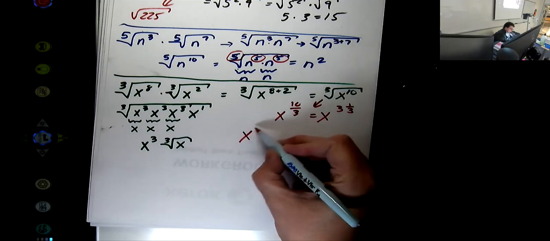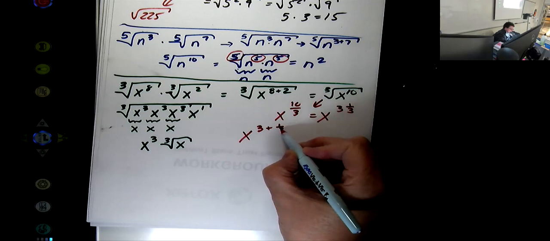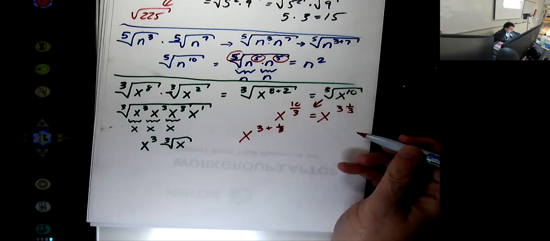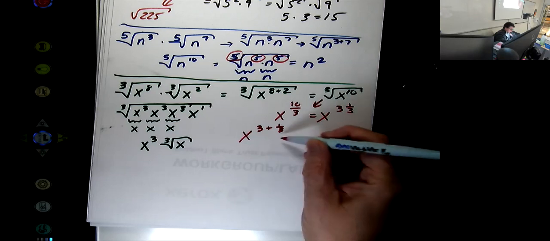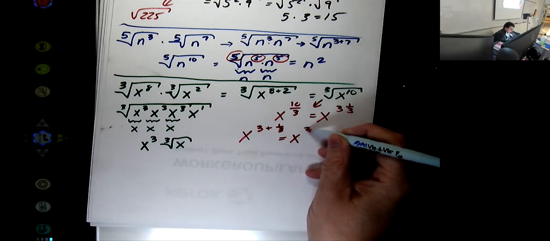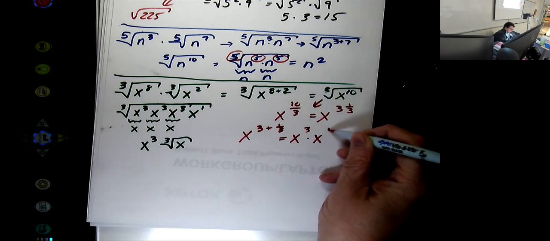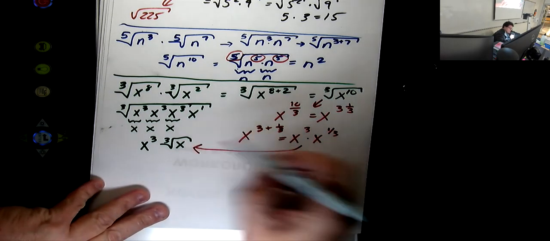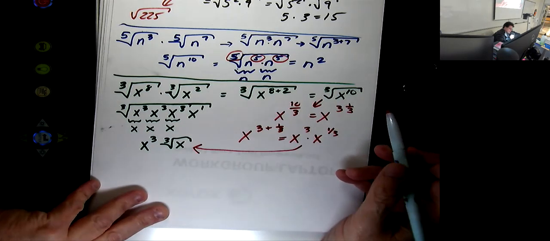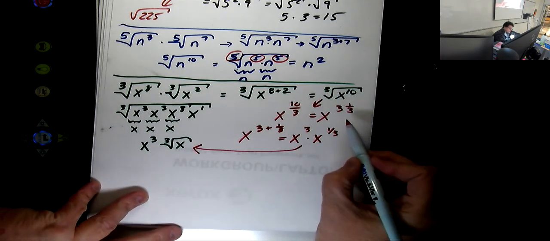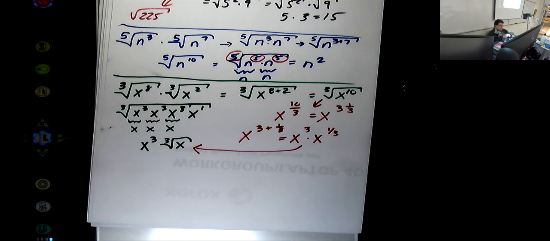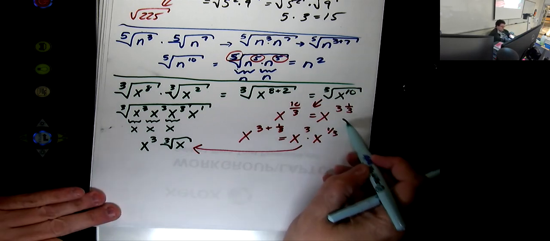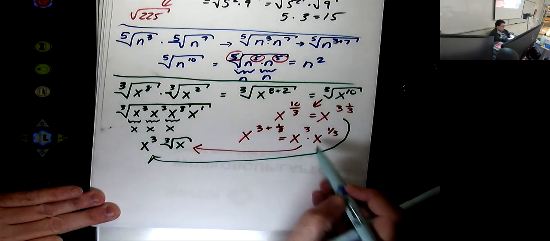Which is 3 plus 1/3. Which is x cubed times x to the 1/3, which is that. And once you're familiar with it, going from here to here doesn't take a lot. You don't need to write all the middle ground.